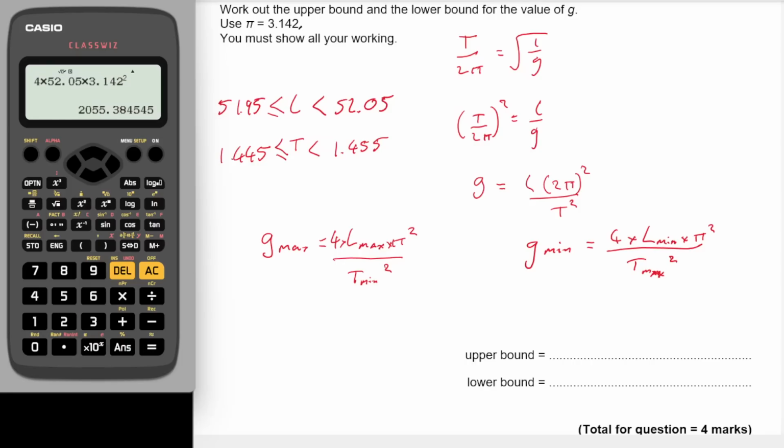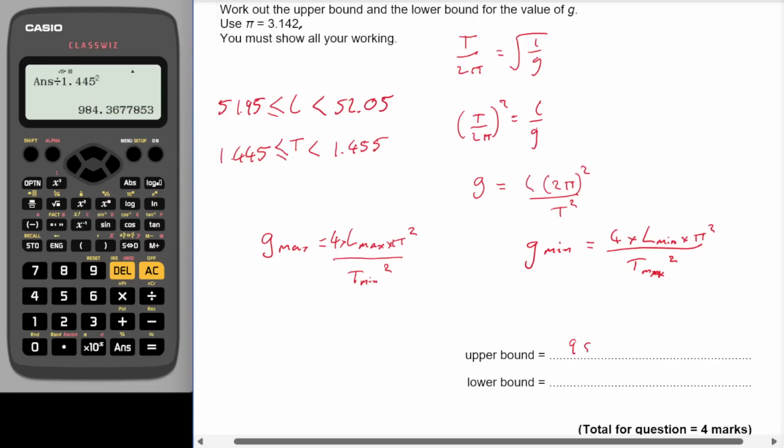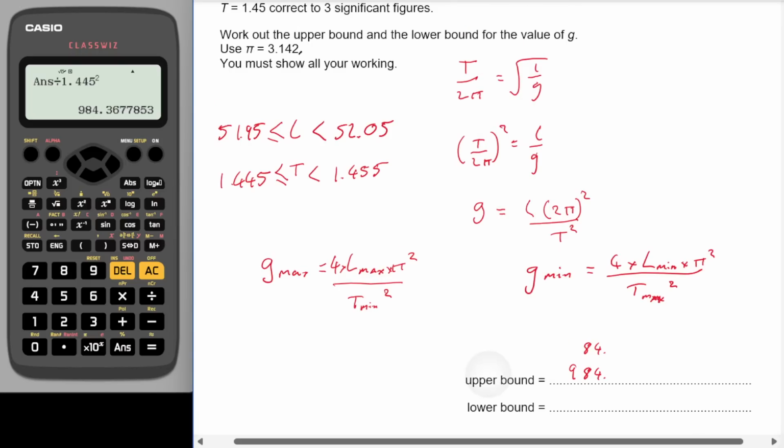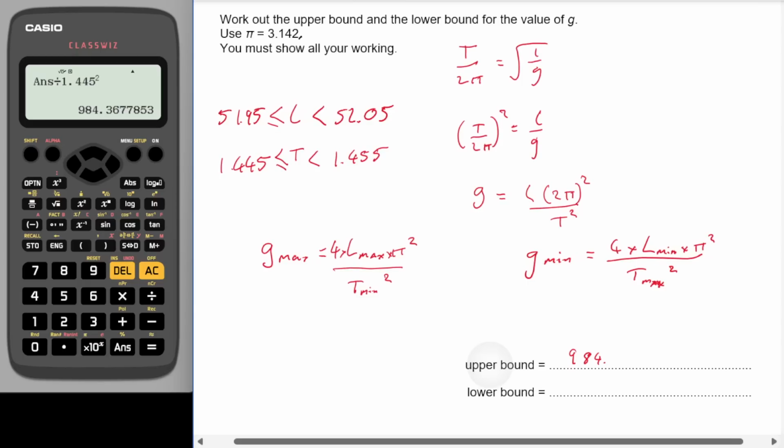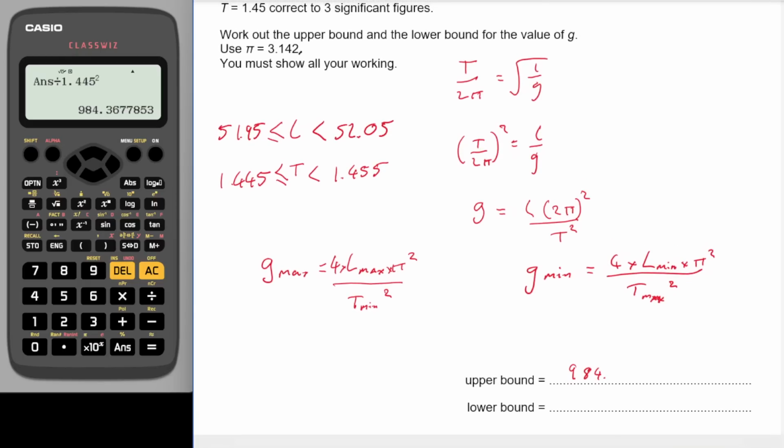And I want to divide that by the time minimum, so 1.445 squared. So that gives me my maximum value of 984 point, it doesn't really say to, we'll go 3, 6, 7, 7.